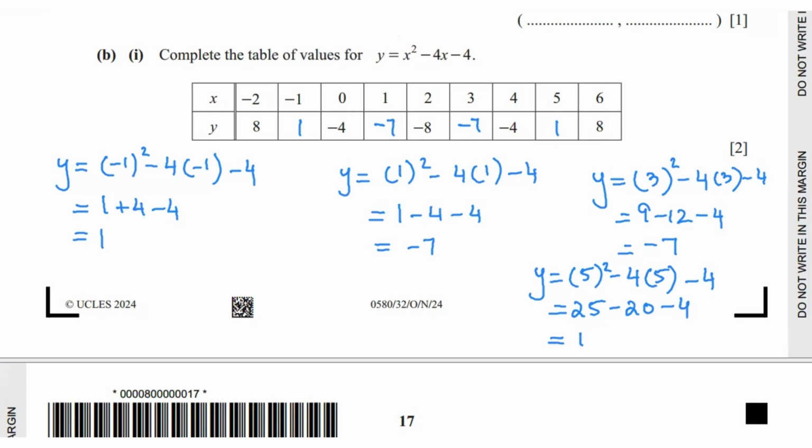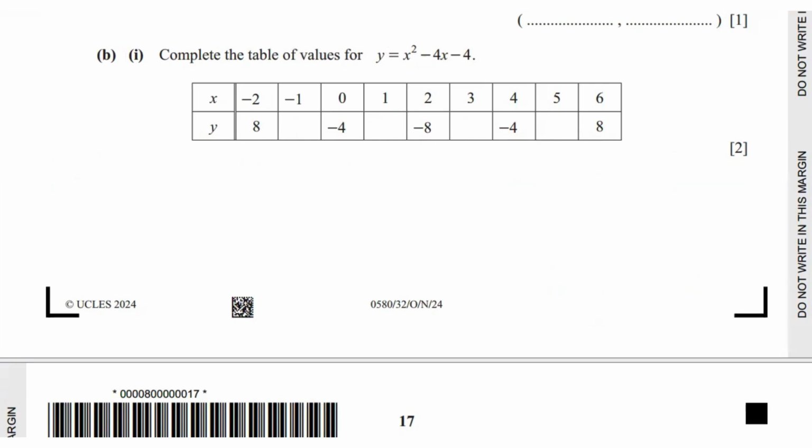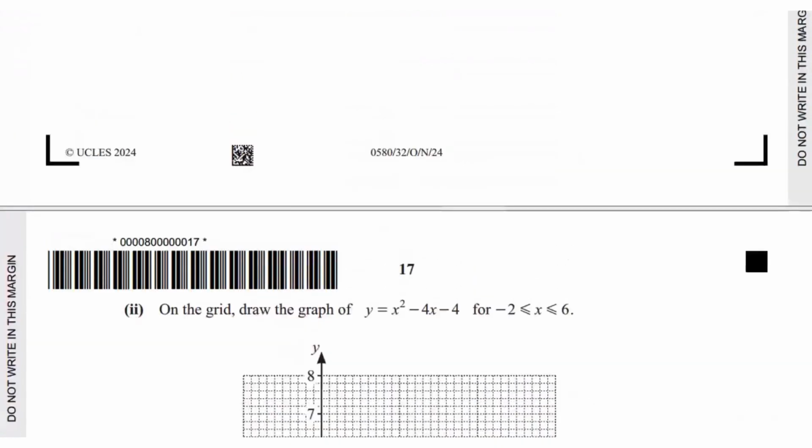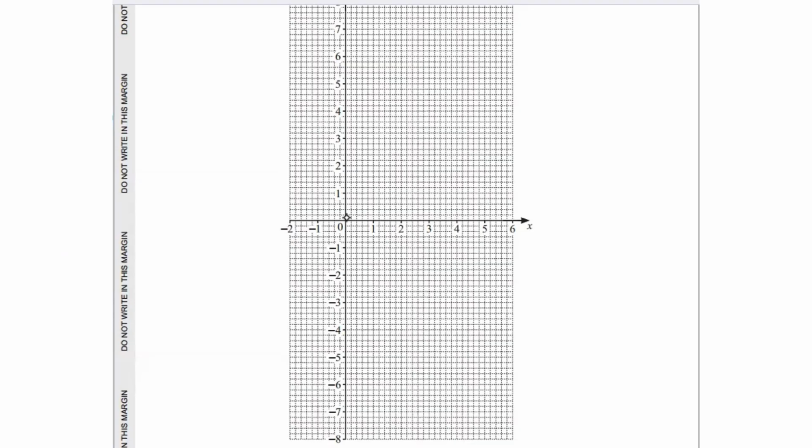And in the next part, we're probably plotting them. Let's write down the coordinates. Negative 2 and 8.